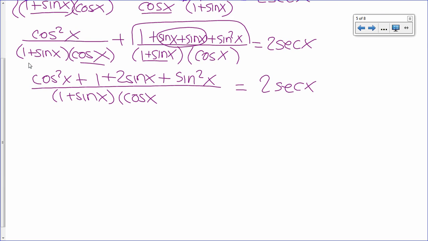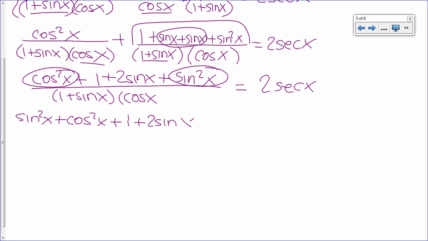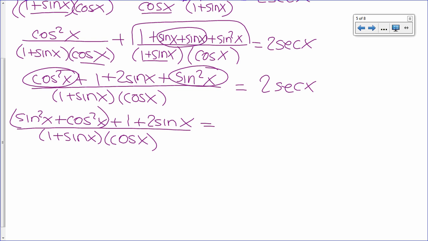So now what I'm going to do is combine the ones that will equal 1. So I'm just going to go ahead and write them together so you can visualize it. Okay, and so we know that cosine square x and sine square x are equal to a 1, so we will have 1 plus another 1 here, plus 2 times the sine of x.